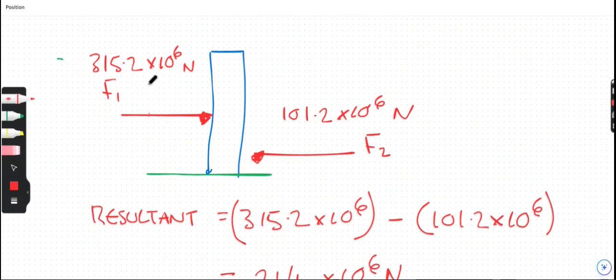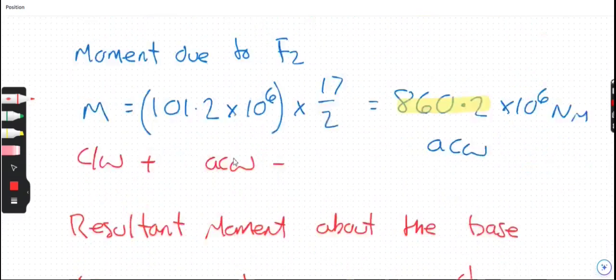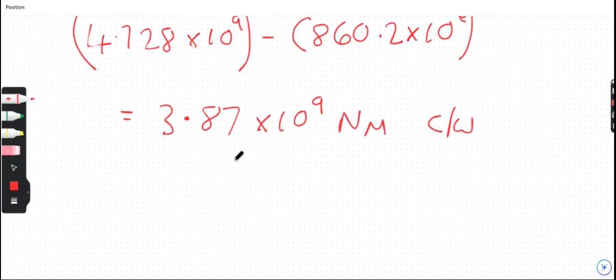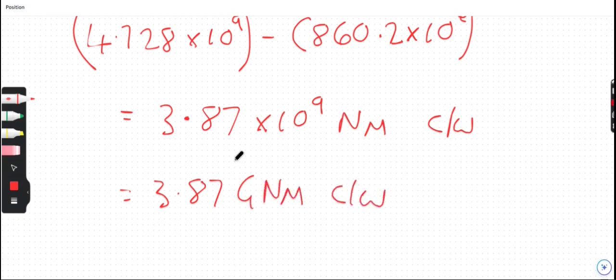So this water is trying to make this wall, this gate, spin on its hinge about the base, if there wasn't enough support there. So you can put in 3.87 giganewton meters clockwise.